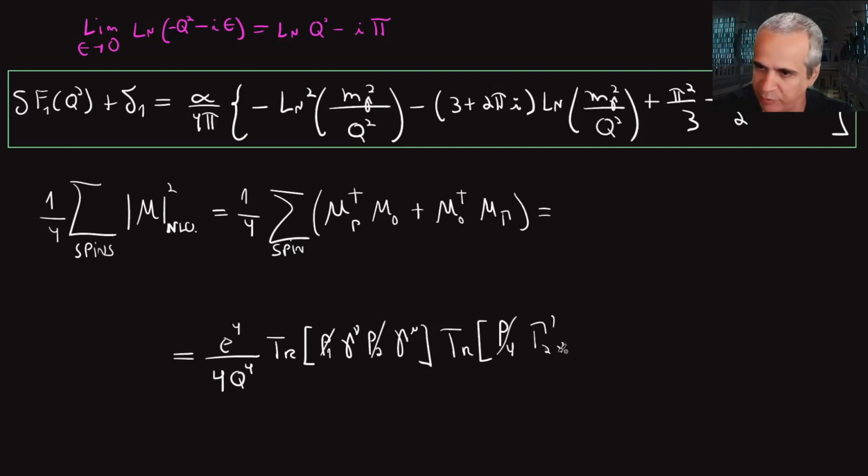I'll put a prime here because this is actually the complex conjugate. I'll just specify what I mean by this prime in a second. p3 slash gamma mu, right? This is this part, right? That's why I put a prime here, because I'm taking the complex conjugate for this part. And of course, there's also this one, which is just the complex conjugate of this, right?